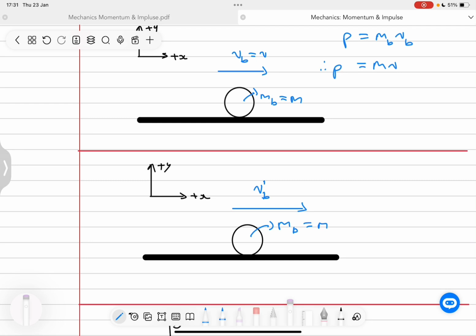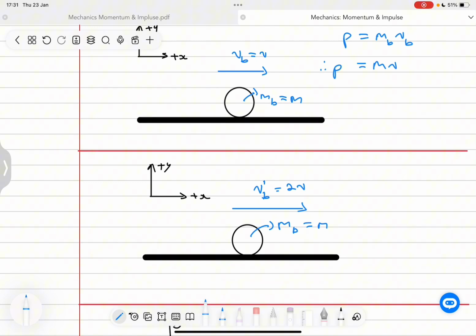I'm going to use a dash at the top to say that it's not the same as this velocity. This object is now moving faster. Let's say it's moving at 2 times the original velocity, meaning this velocity here is twice v. It's moving twice as fast compared to the first scenario.